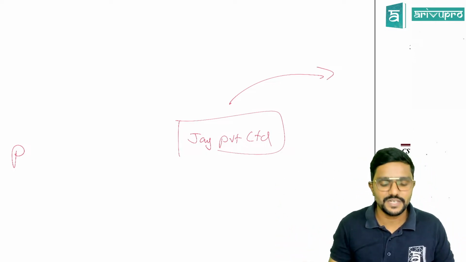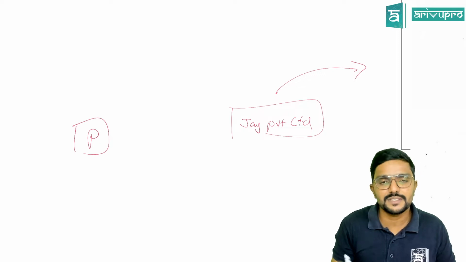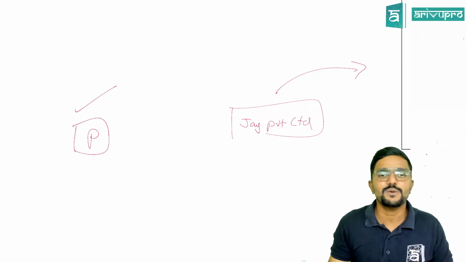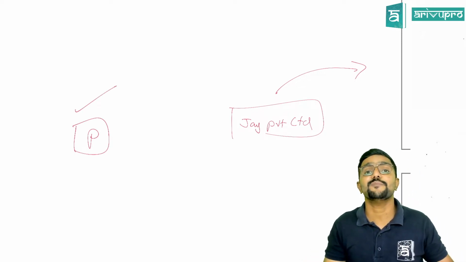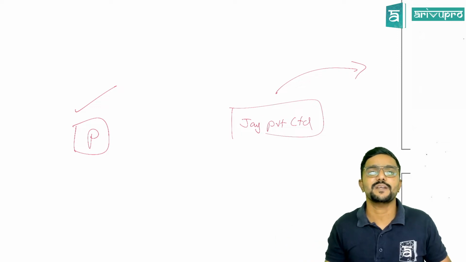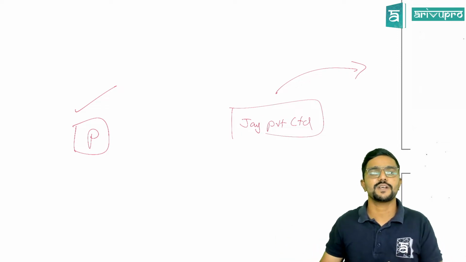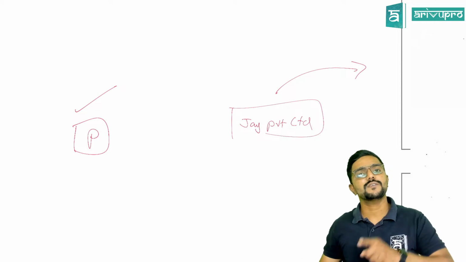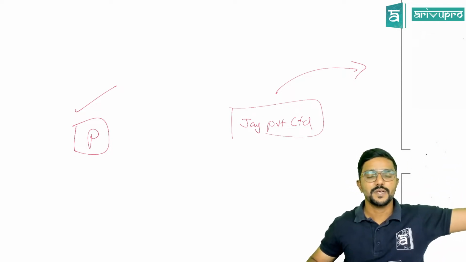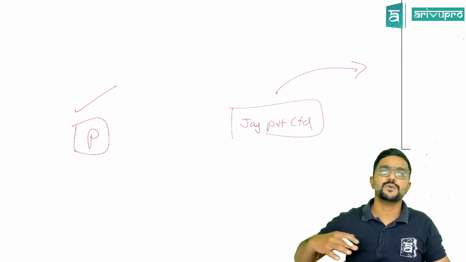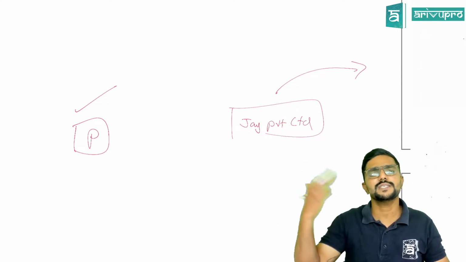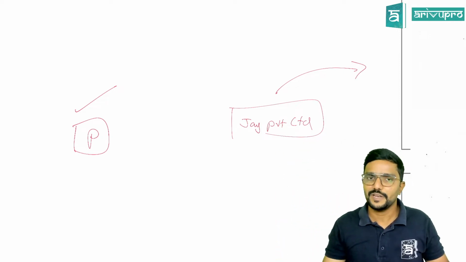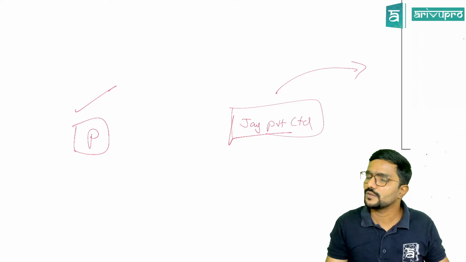So whose turnover is this? Is it a turnover of the principal or Giant Private Limited? It is a turnover of the principal, not Giant Private Limited. Giant Private Limited is just a job worker. He is doing the job work for the goods of the principal. The principal asked me to supply the goods on behalf of him to his customer. I just supplied it. So will it be considered as turnover of Giant? No.